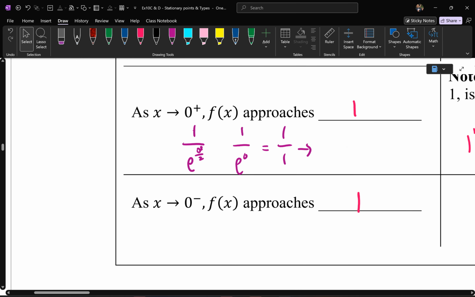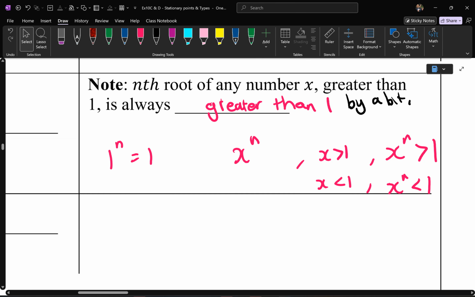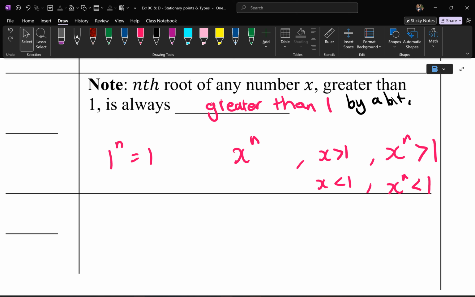So did you get 1 for both ends? Yes? Okay. Some of the confusion should be around the idea: does it go infinitely up as you get closer to 0? And why does it approach 1?